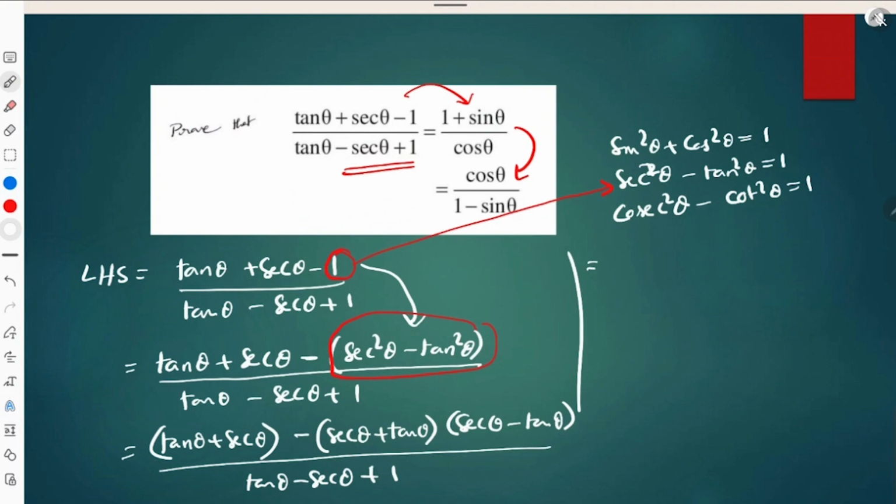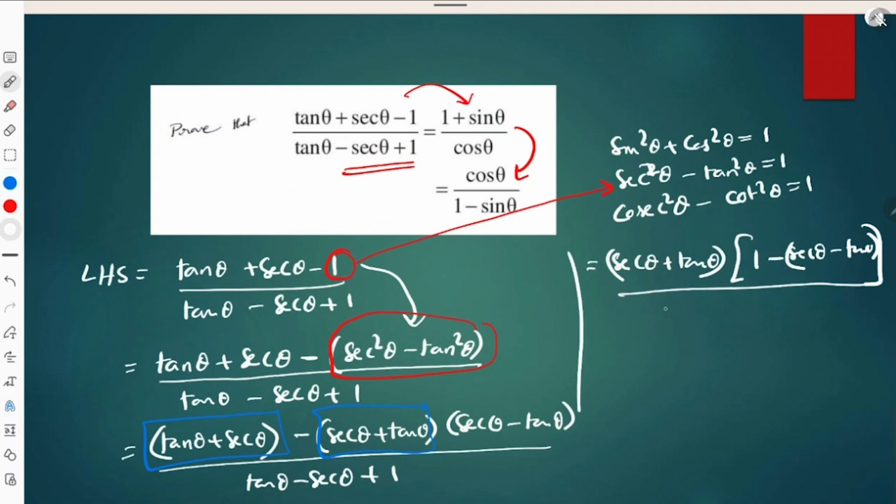Now, what can you take common from these two terms? You may take secant theta plus tan theta common. If you take common, it comes secant theta plus tan theta, and 1 minus secant theta minus tan theta will remain, whole divided by tan theta minus secant theta plus 1.